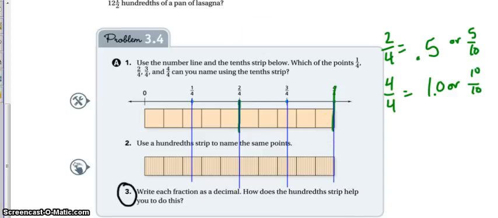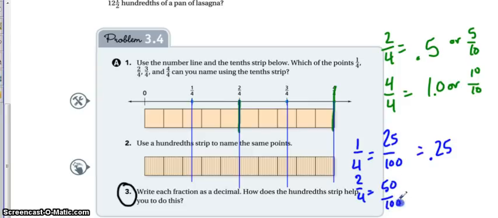I can see that 1/4 on the hundredths would equal, it's halfway between 20 and 30, so that would be 25 hundredths, which would equal the decimal 0.25. I also have 2/4, which would equal 50 hundredths, or 0.5.